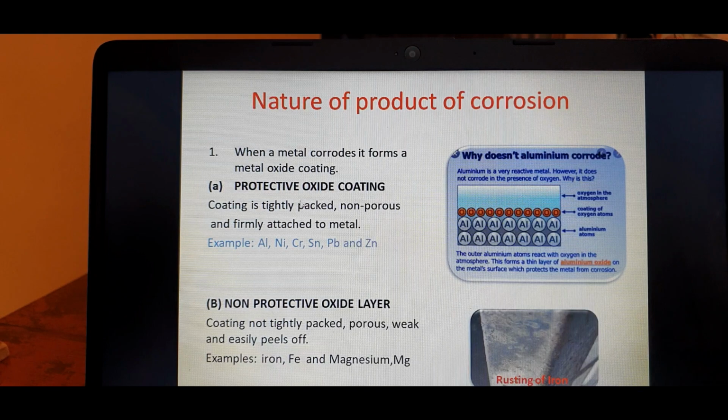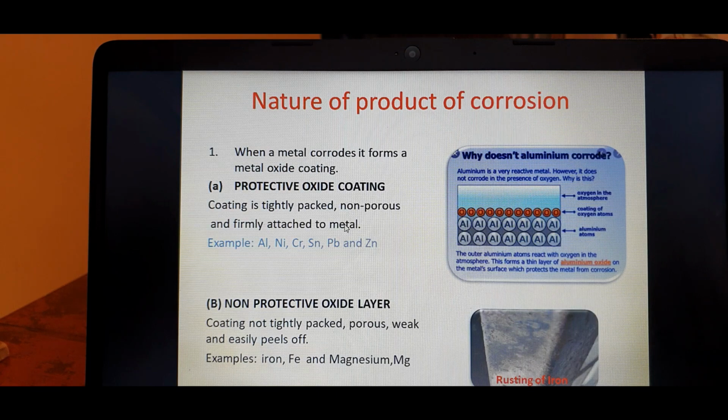So let's take an example here, aluminium. Aluminium combines with the oxygen from the air to form aluminium oxide. This aluminium oxide is very protective, because it's tightly packed, non-porous, and firmly attached to the metal. So if you give it a knock, it doesn't break easily. Water cannot seep through, air cannot enter.